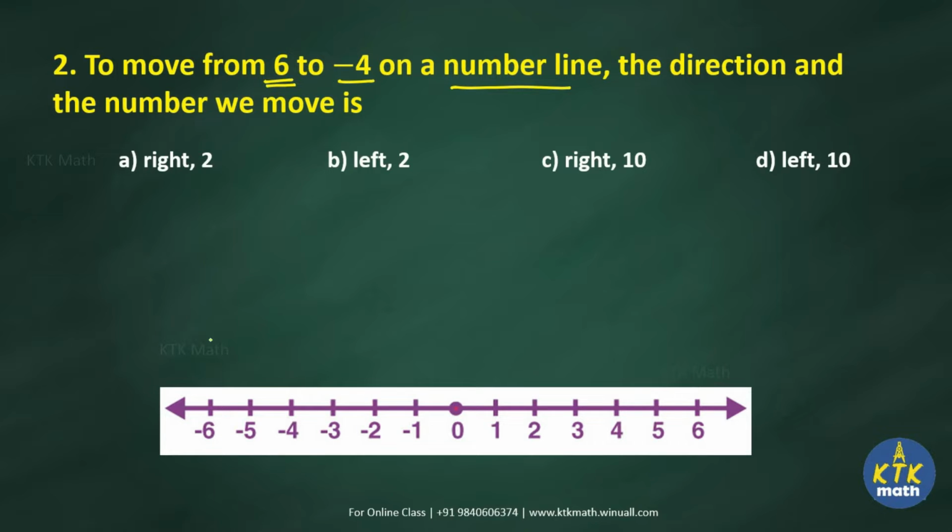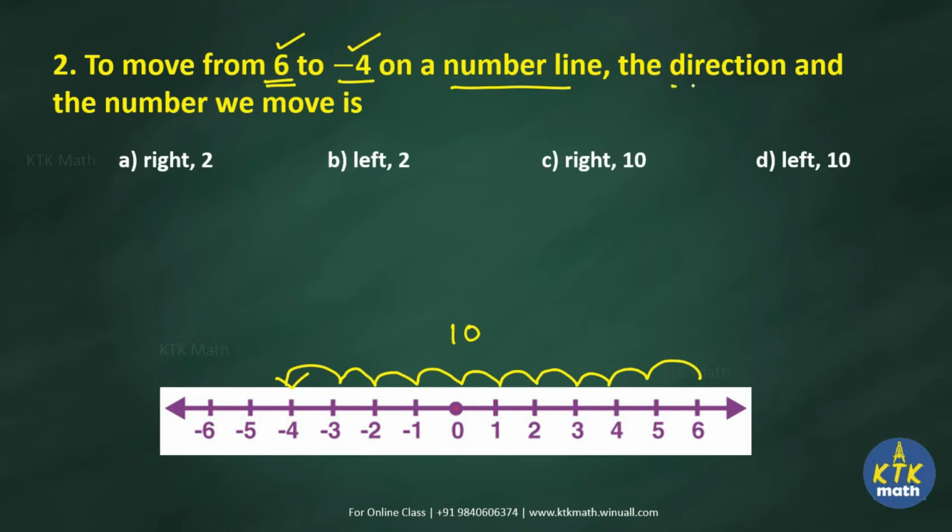Now from where are they moving? From 6 they are moving. So from 6 you need to move to negative 4. How many steps are you moving? Just count the steps. 1, 2, 3, 4, 5, 6, 7, 8, 9, 10. So 10 steps you are moving. And towards which direction?